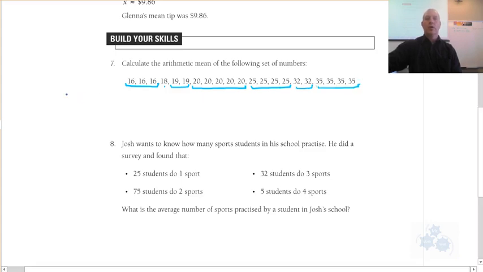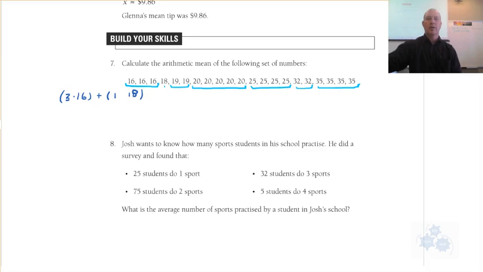So we're going to go 3 times 16. Instead of adding 16 up 3 times, we're just going to do 3 times 16. Then we're going to add 1 times 18. I use the dot for multiplication there, in case you're wondering. And then we've got 2 19s, so it's 2 times 19.